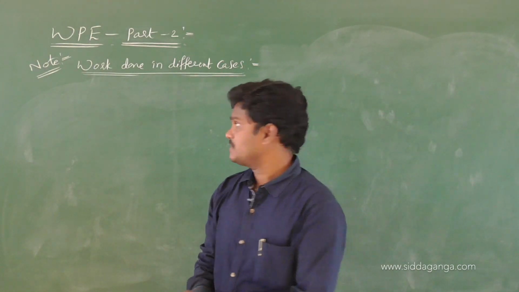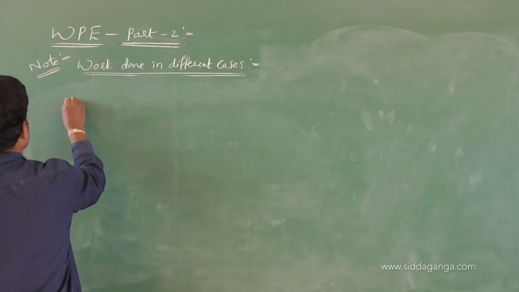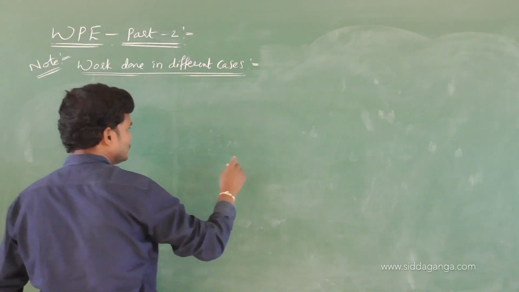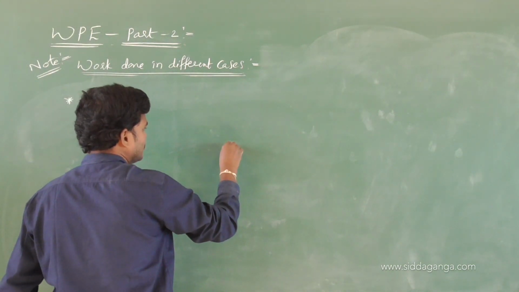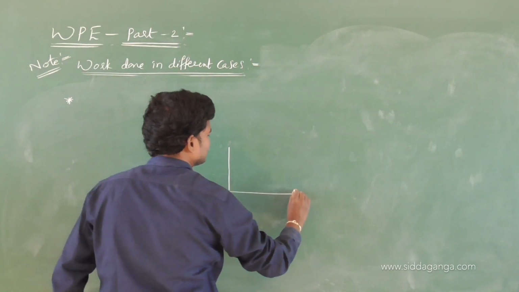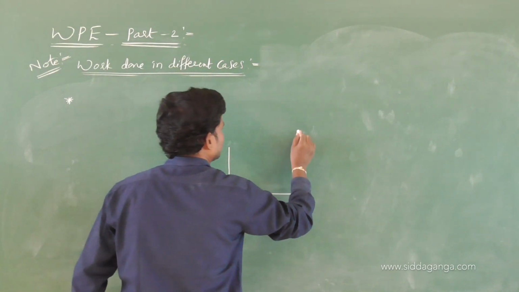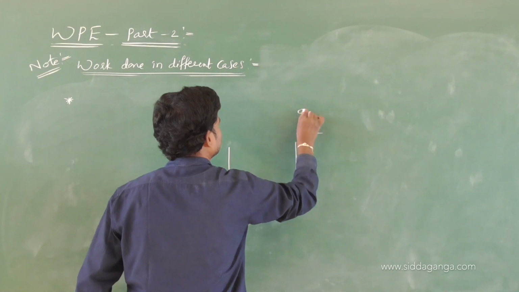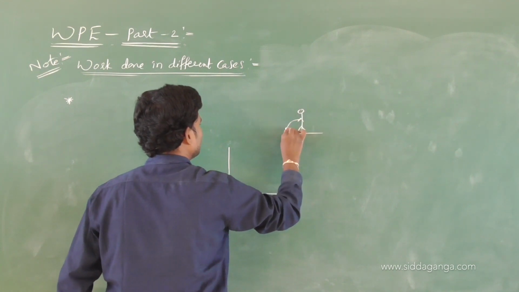See the next concept, meaning next formula and concept. See the given, just listen, then you write. The given diagram is like this. A person is standing here, he is holding some rope.